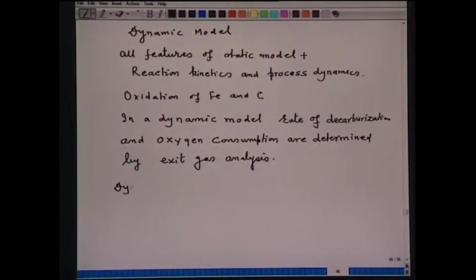Knowing the amount of gas that is produced, one can calculate the amount of CO and amount of CO2, and hence the amount of carbon which is going out in the form of gases as a function of time. One can integrate over the time period, and then know the total carbon that has been removed, and through this measurement one can exercise the so called dynamic control. Now, what does dynamic control require?